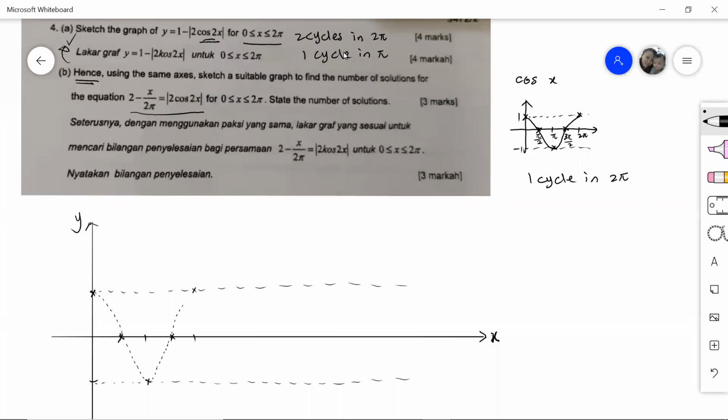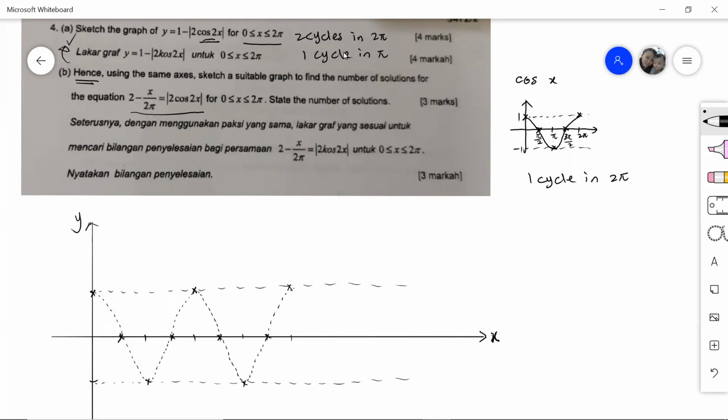There will be more transformation later. And this is only 1 cycle. We shall repeat for another cycle, so just draw another 4 quadrants: maximum, 0, minimum, back to 0, and back to maximum. So let's complete the graph, another cycle of cos x.